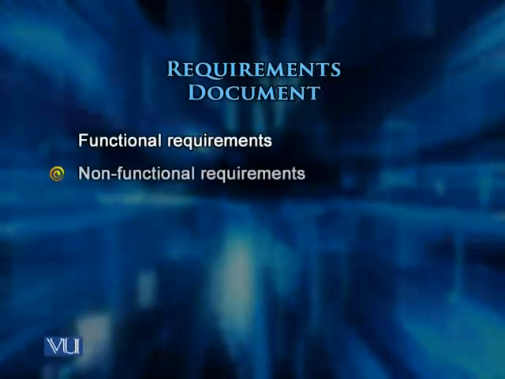Requirements documents contain primarily functional and non-functional requirements. Functional requirements are those that capture what is needed by the system, what will be developed or what will be provided by the new software system.